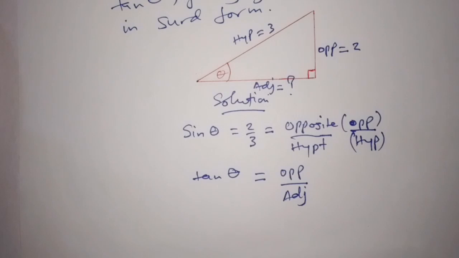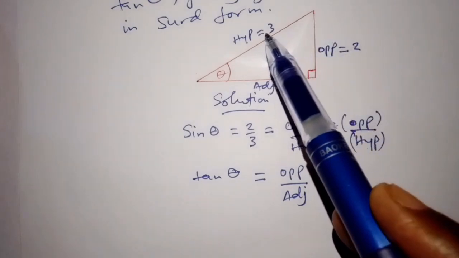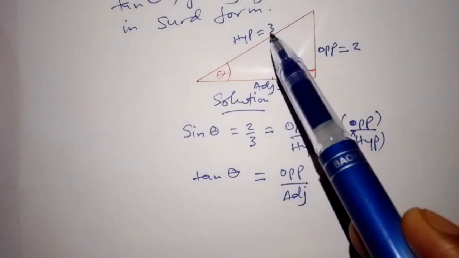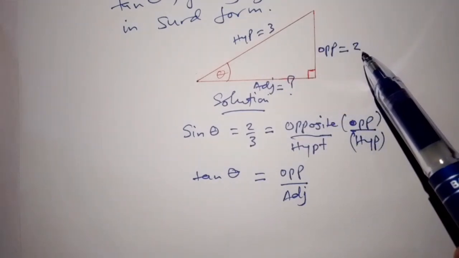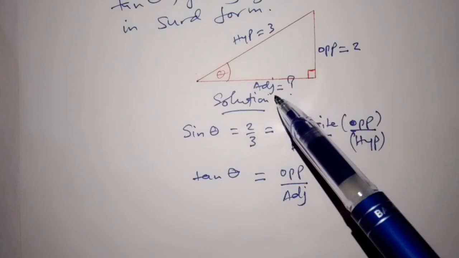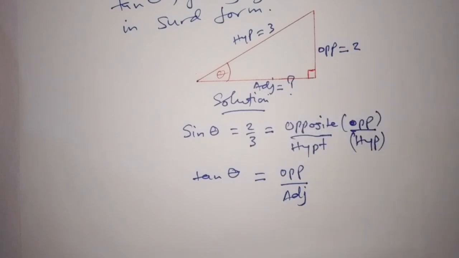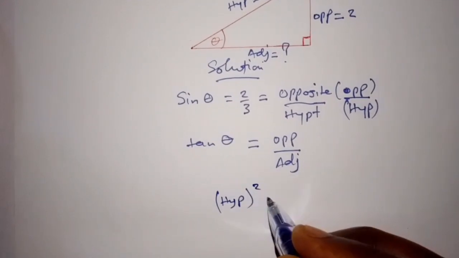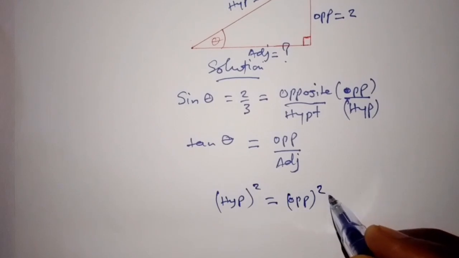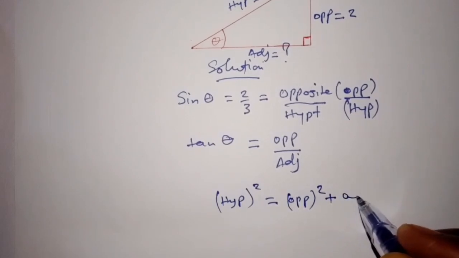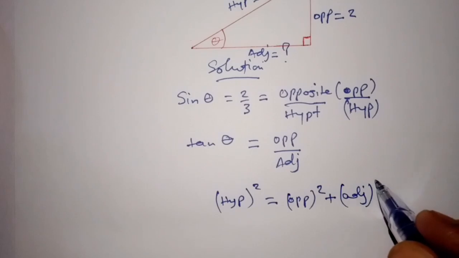The theorem says that hypotenuse squared is equal to opposite squared plus adjacent squared.